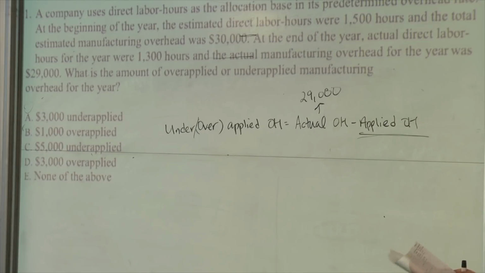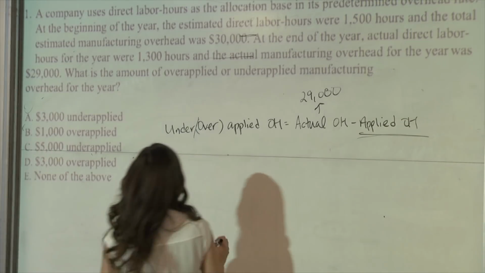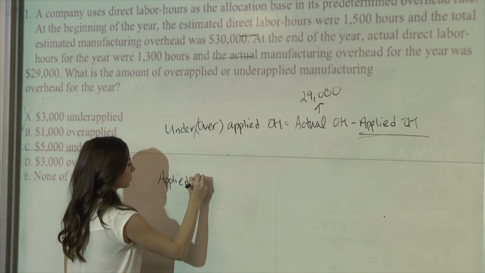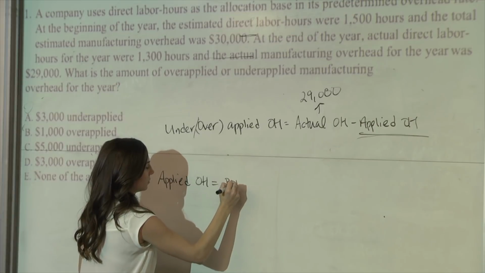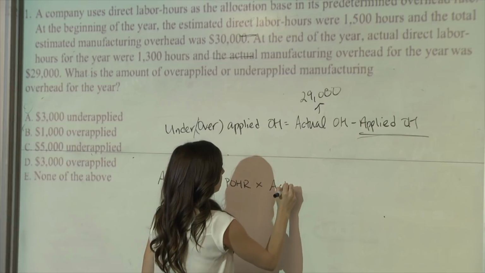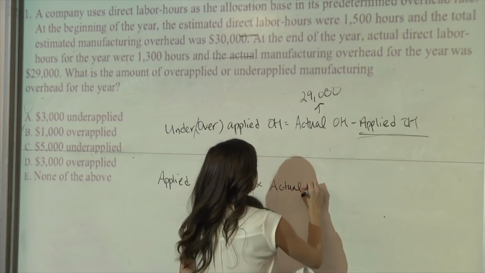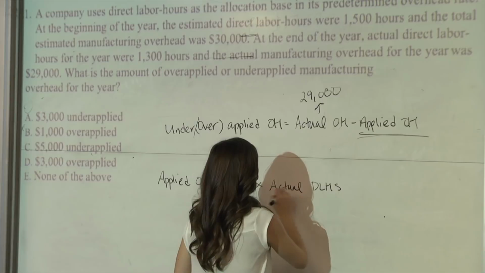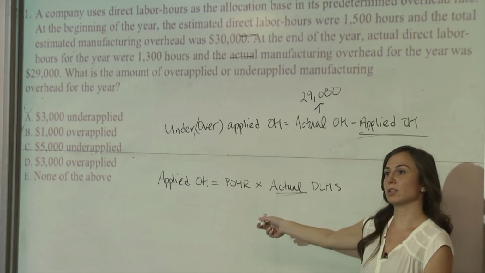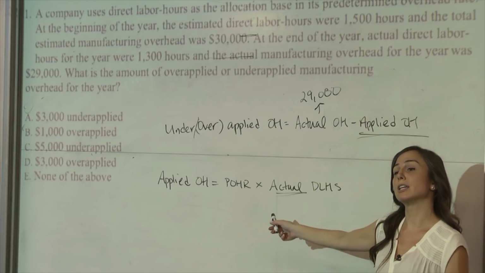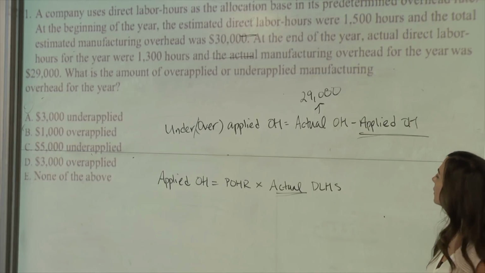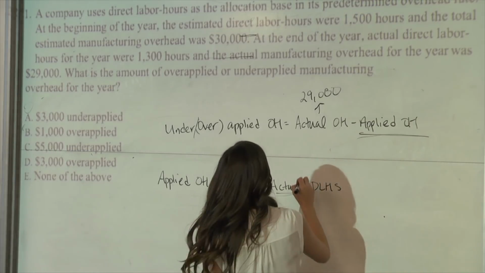So, okay, applied overhead. How do we always find applied overhead? You're always going to be looking at your predetermined overhead rate, which is calculated at the beginning of the year, and multiplying that by your actual direct labor hours. Okay, so we know this.